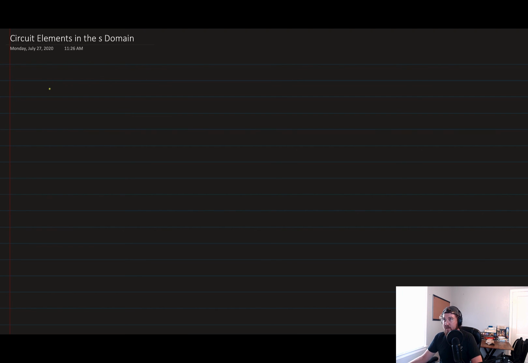So transforming a circuit element into the S domain is a three-step process. We'll say we've got 3 steps. Step number 1 is write the time domain expression for the terminal voltage and current.